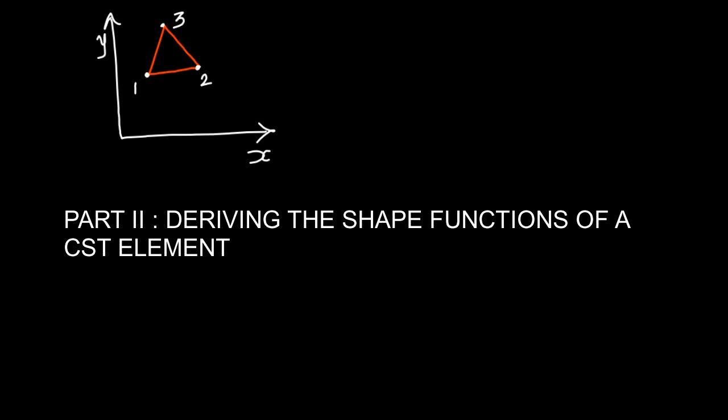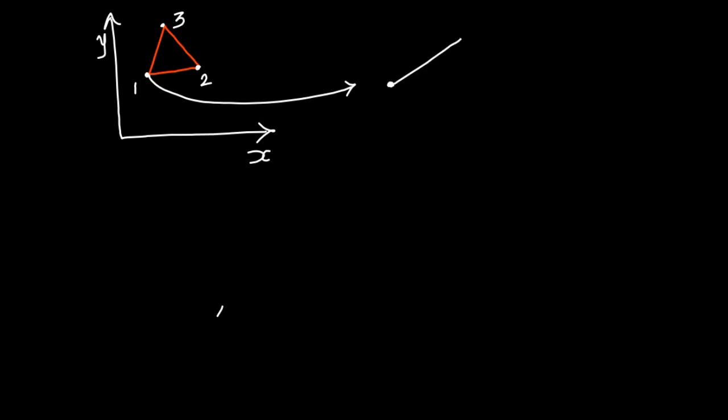Well, nodal point 1 can get displaced along the xy plane in any direction. It depends on the type of load. It depends on the nearby triangles. But that really doesn't matter. What really matters is it can get displaced along the xy plane.